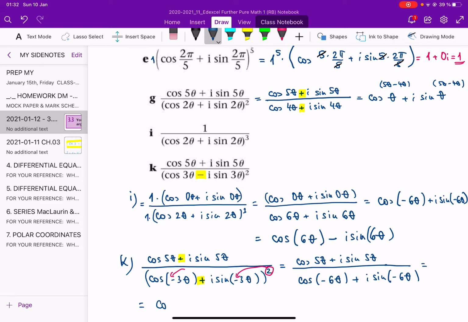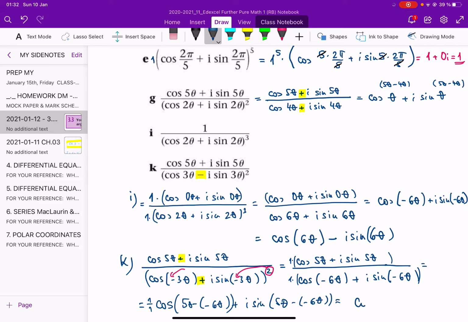So it will happen to be cosine, again because I have modulus 1 in both cases, right? Otherwise it would have to be 1 divided by 1, but that equals 1. So 5 theta minus 6 theta plus i sine, the same story, 5 theta minus 6 theta.